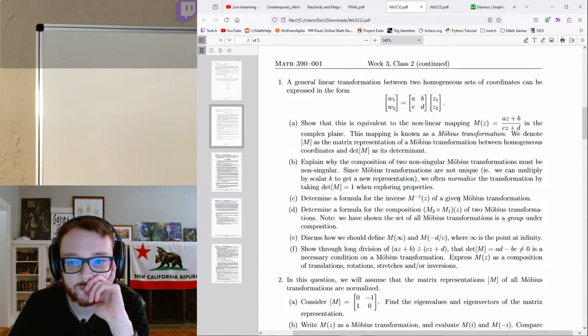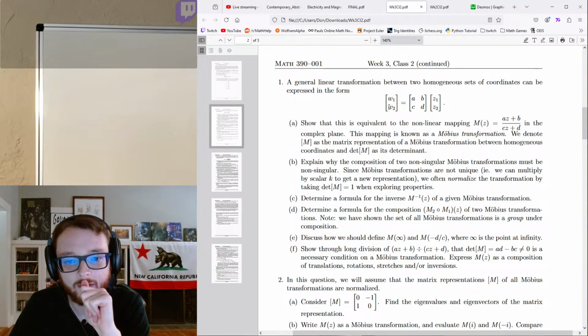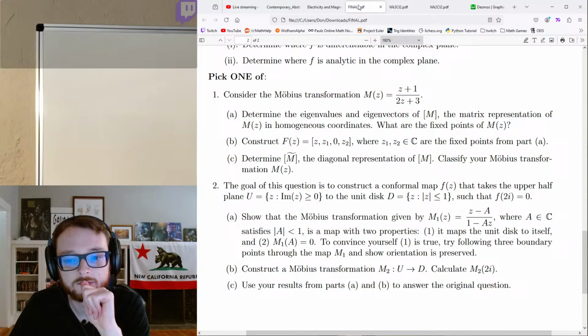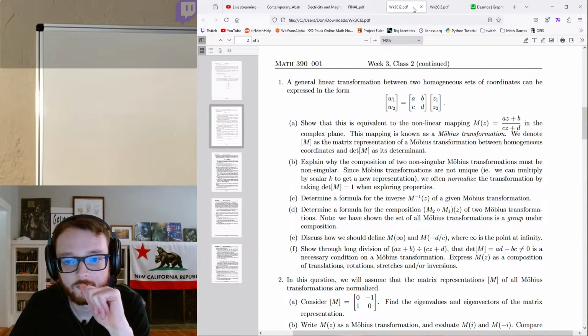A general linear transformation between two homogeneous sets of coordinates can be expressed in this form. Just go into the non-linear mapping of this in the complex plane. So this is the fact that we need here. We'd have 1, 1, 2, 3 for our matrix.